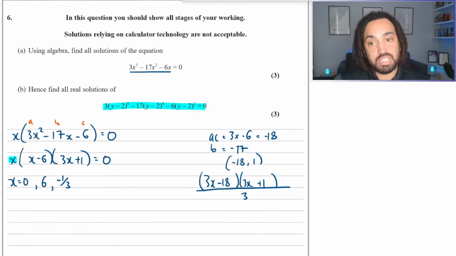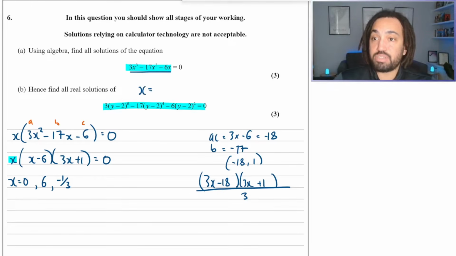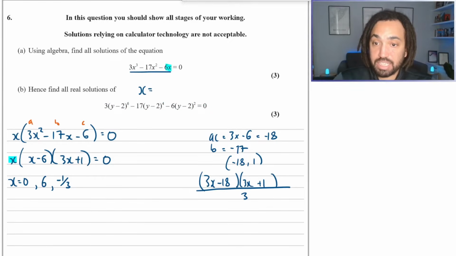Okay, well, I say monster, it's exactly the same as the one at the top, but there's just been a substitution. And that substitution is that x has been replaced with, well, we can see it more clearly if we just focus our eyes on the single x here. It's been replaced with y minus 2 all squared.